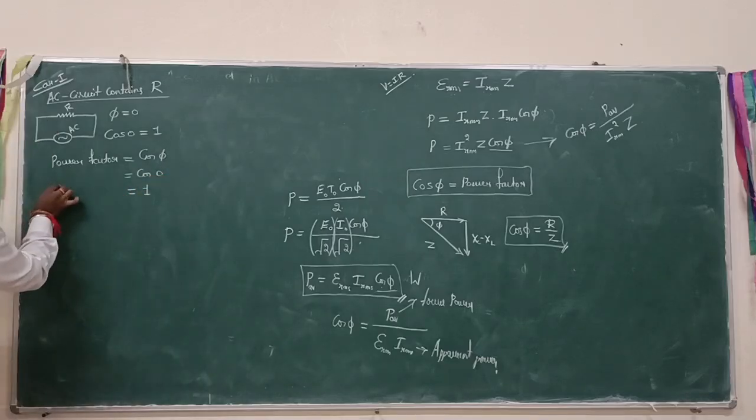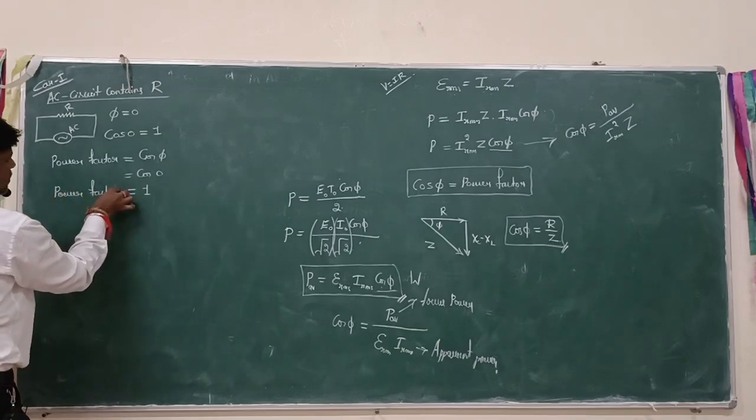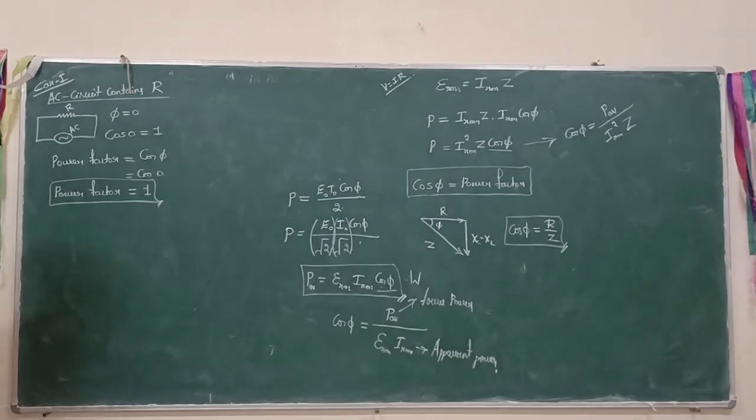Therefore in a pure resistance circuit the power factor value is 1.